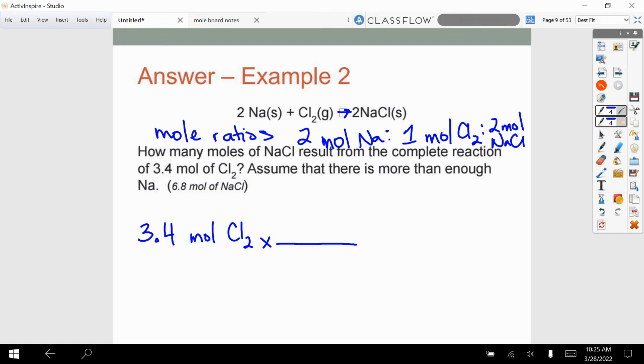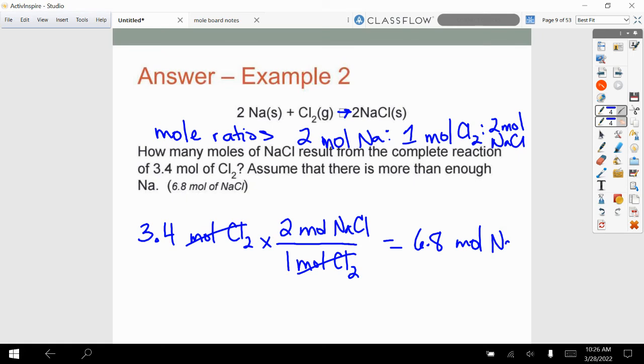Well, we want to look at how chlorine and sodium chloride are related. So we have 1 mole of Cl2 for every 2 moles of NaCl. If we multiply these, we get rid of the moles here, and so now we have 6.8 moles of NaCl that would be produced in this reaction.